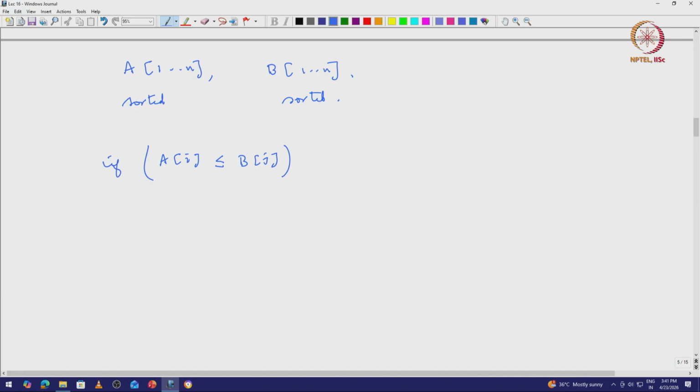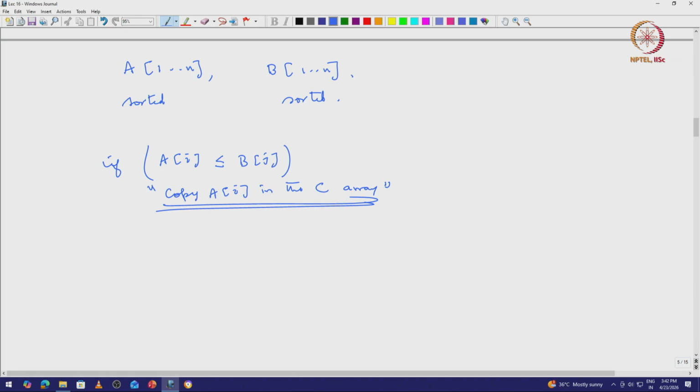In the merged sequence, all the smaller A values are written before Bj is written. That is because if Ai is less than or equal to Bj, copy Ai in the C array. This is the act of merging.